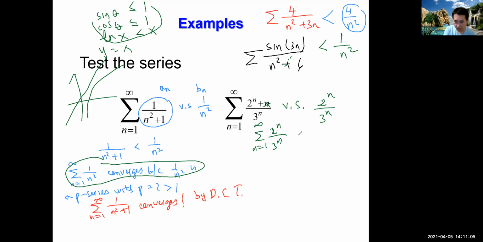Well, if you look at it carefully, you write it down explicitly as 2 over 3 plus 2 squared over 3 squared plus 2 cubed over 3 cubed. Now, do you notice that this is really a geometric series? I multiply by 2/3 to get the next term. So the series is a geometric series.